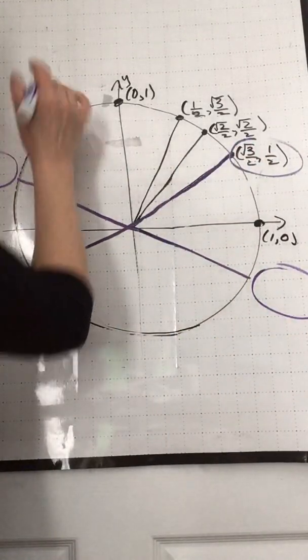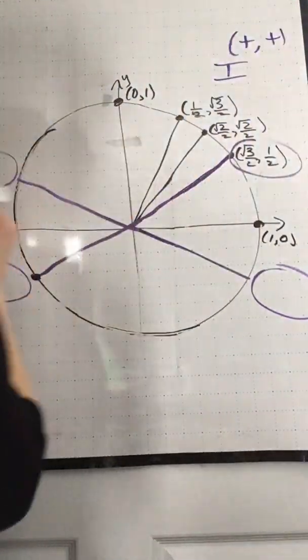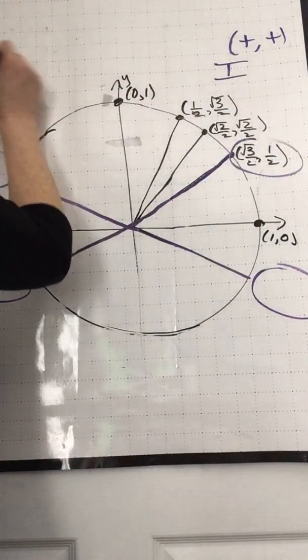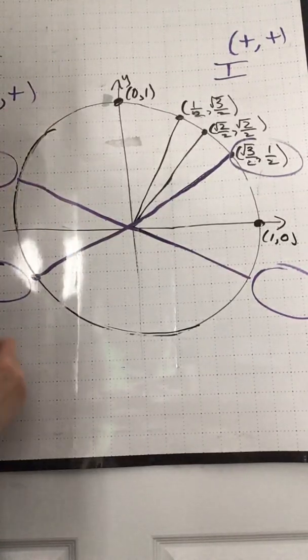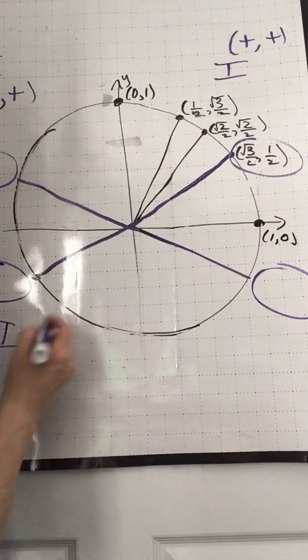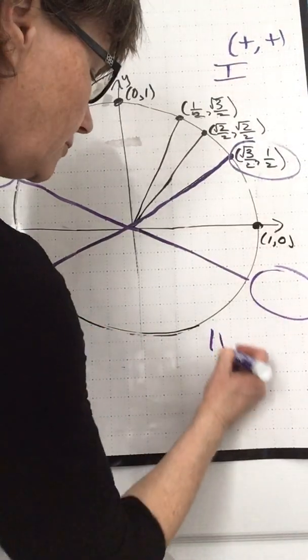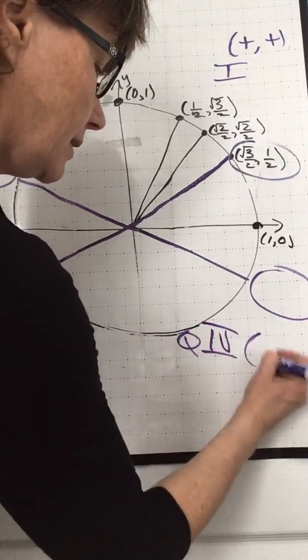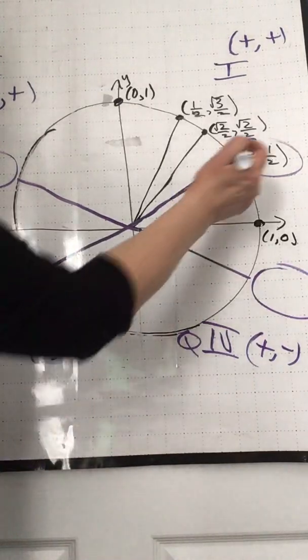Over in quadrant 2, so if we think of quadrant 1 as being all positive, positive, quadrant 2 the x's are always negative and the y's positive. Quadrant 3, the x's are always negative and so are the y's. And quadrant 4, the x's are positive and the y's are negative. Okay, so that hopefully will help you.